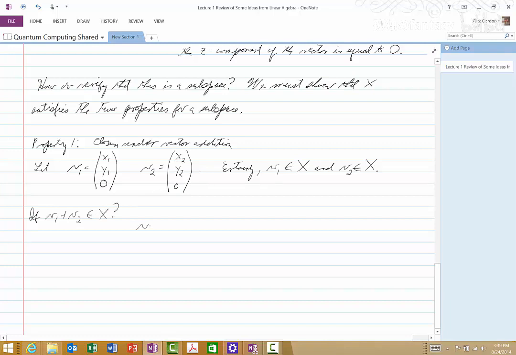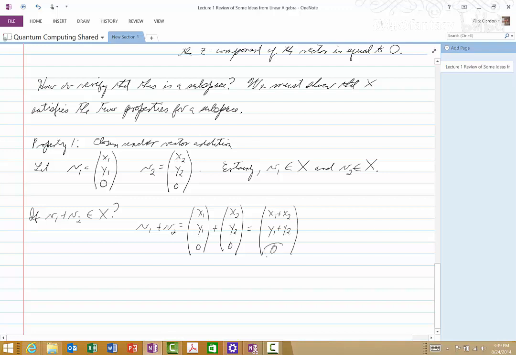Well, V1 plus V2 would be equal to (x1, y1, 0) plus (x2, y2, 0), and that is equal to (x1 plus x2, y1 plus y2, 0).